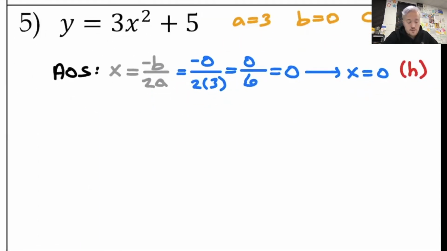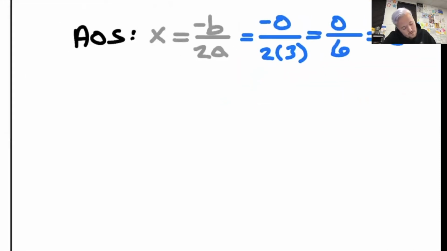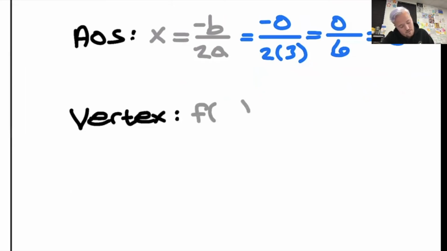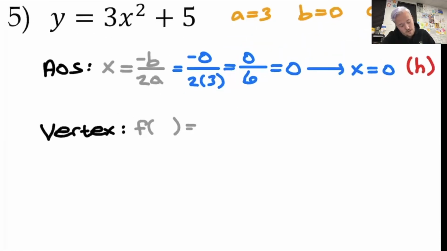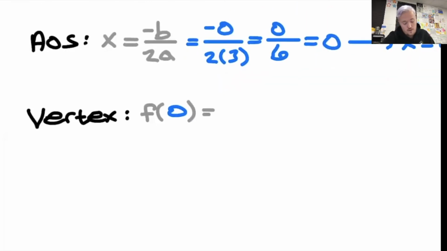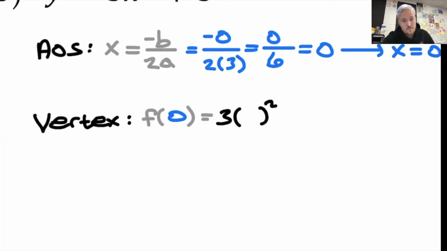So now we need to find the vertex. I'm going to plug this in. I want to do f of that value that I just found, so I'm plugging in 0. So I'm doing 3 parentheses 0 squared plus 5.